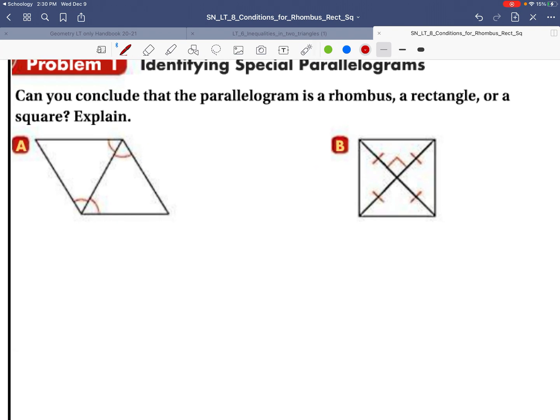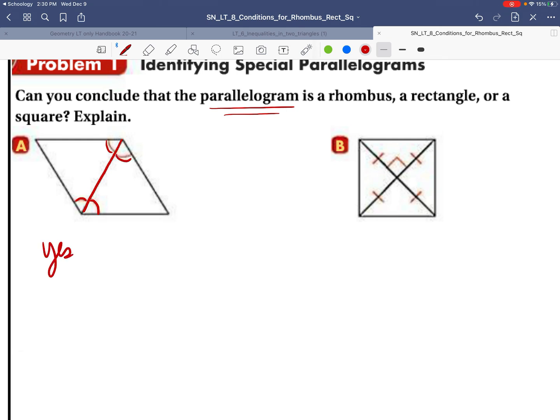Can you conclude that the parallelogram, so we're given that it's a parallelogram, is a rhombus, rectangle, or square? Let's look at the first example. We have one diagonal and it's bisecting opposite angles.